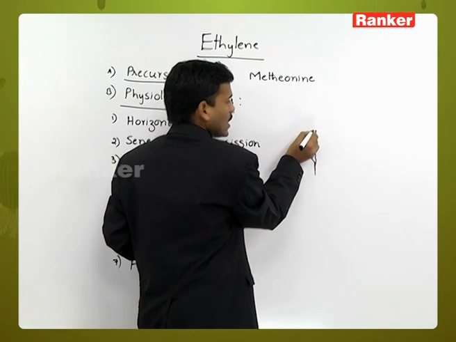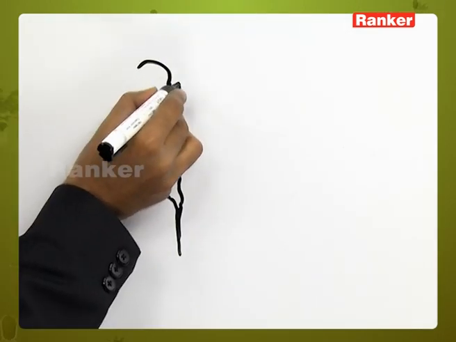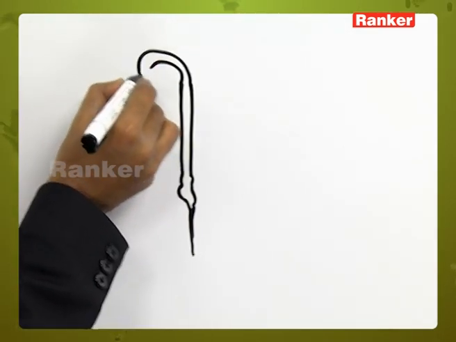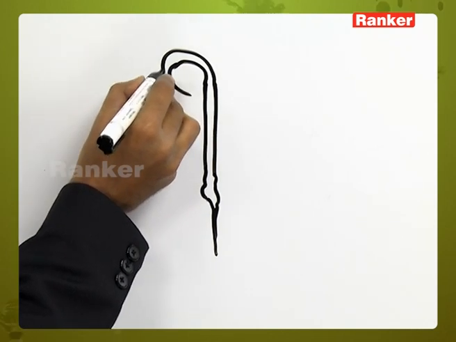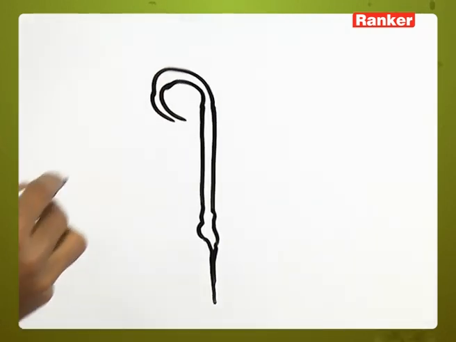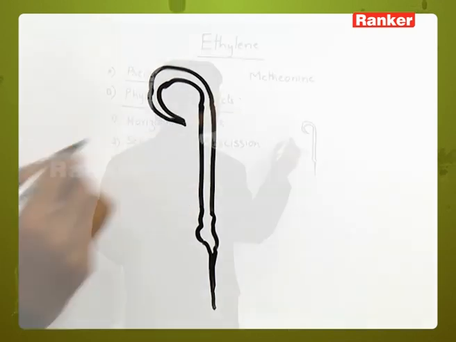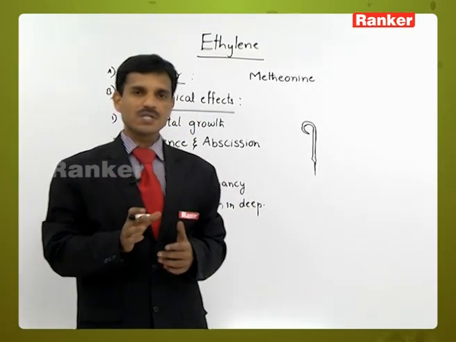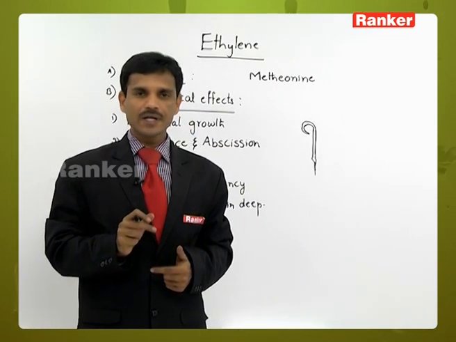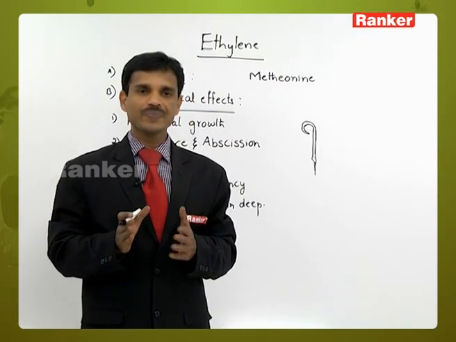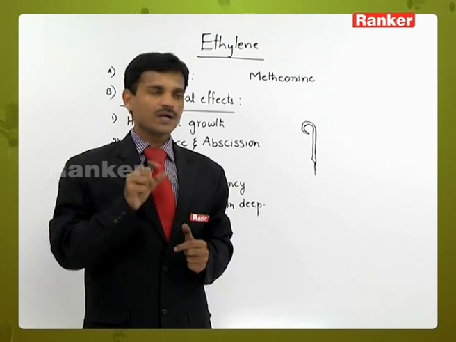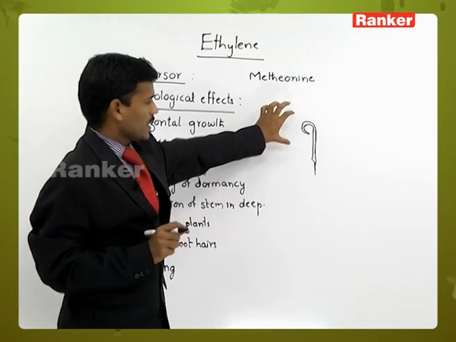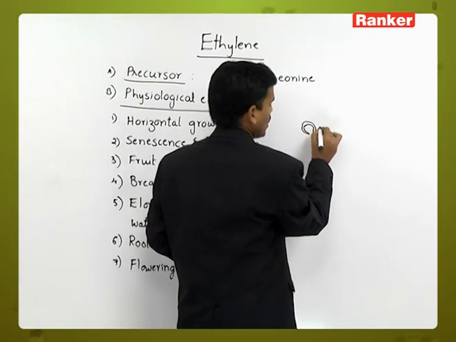Next, the apical portion of the plumule shows a hook-like structure. So there are three types of responses. Longitudinal growth is inhibited, transverse growth is promoted, and in the plumule, mainly in the coleoptile tip, an apical hook is formed.